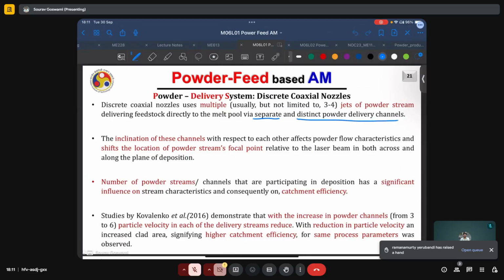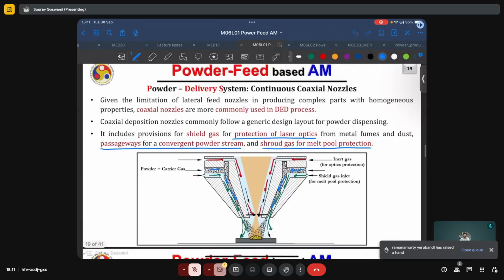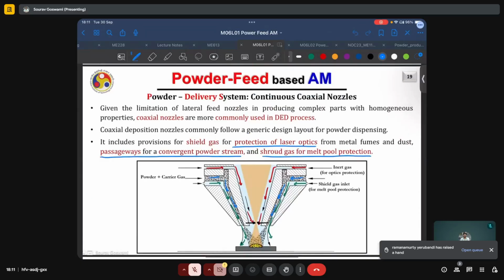For instance, the laser can come from the center and the powder can come from the sides, either in a continuous coaxial fashion or a discrete coaxial fashion, or the powder feedstock can come from the center and the laser can come from the sides, again in a continuous or a discrete fashion. And depending on the type of powder feed and laser feed, the type of print that we can get will differ.